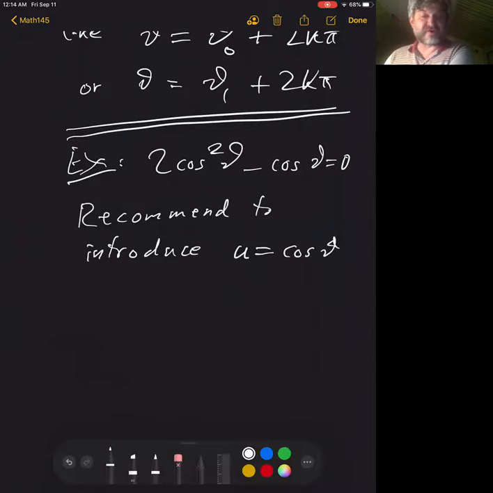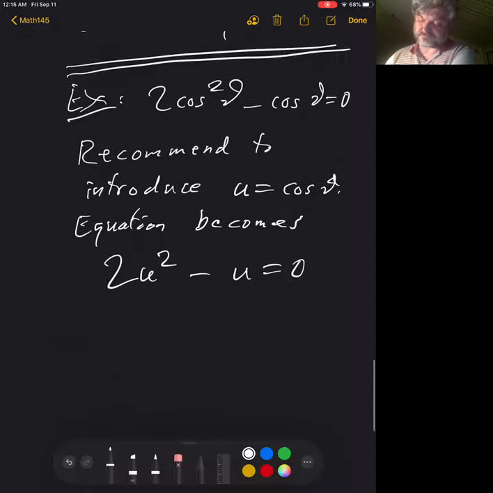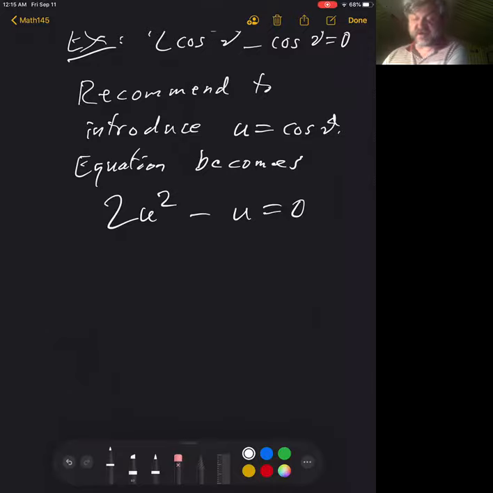You replace every cosine of theta by a u, and then you get a quadratic equation. You have 2u squared minus u is 0. That's something which we can solve.